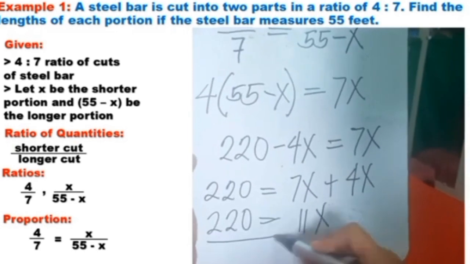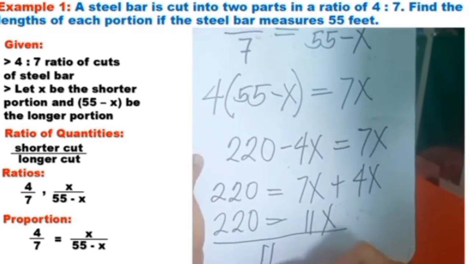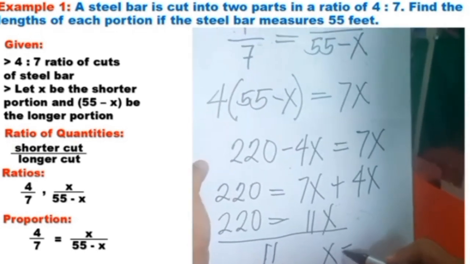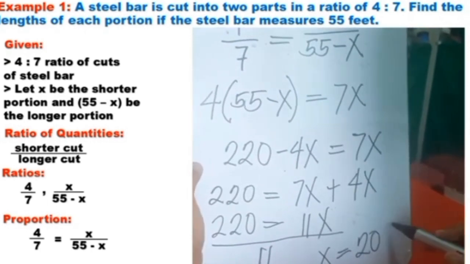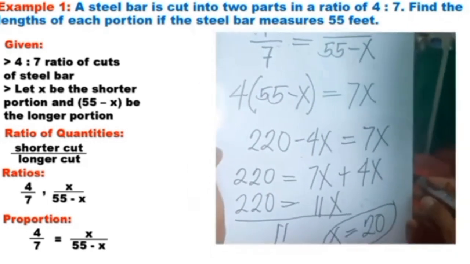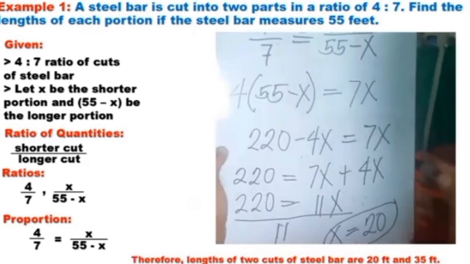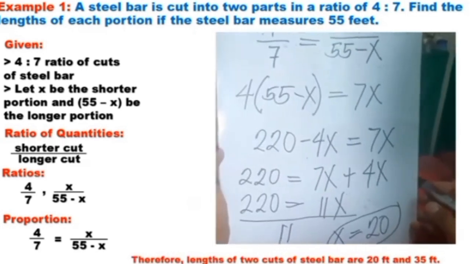Divide both sides by 11. So our X equals 20. Therefore, the lengths of the 2 cuts of the steel bar are 20 feet and 35 feet.